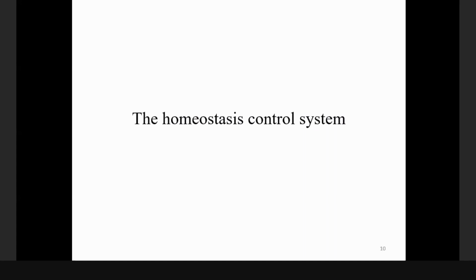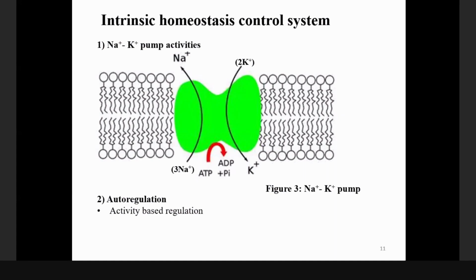So homeostasis needs another thing, and that is the ability to control the change, and this is called homeostasis control system. And you can classify the control system into intrinsic and extrinsic.